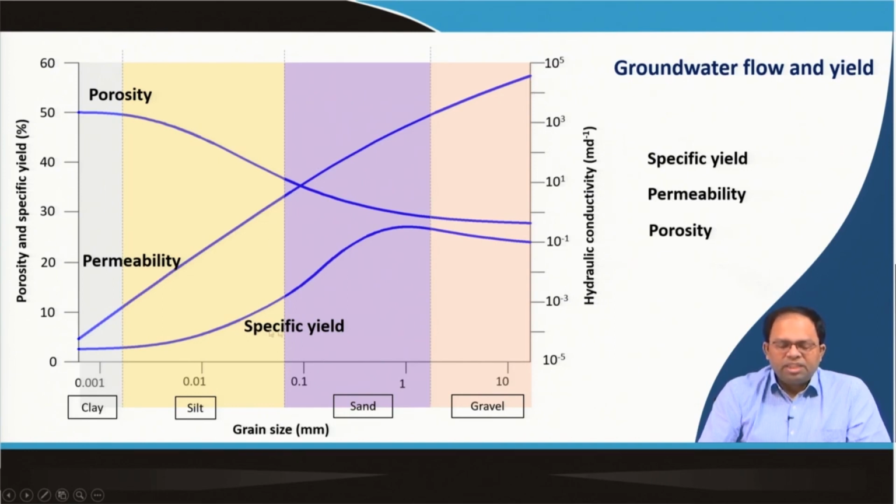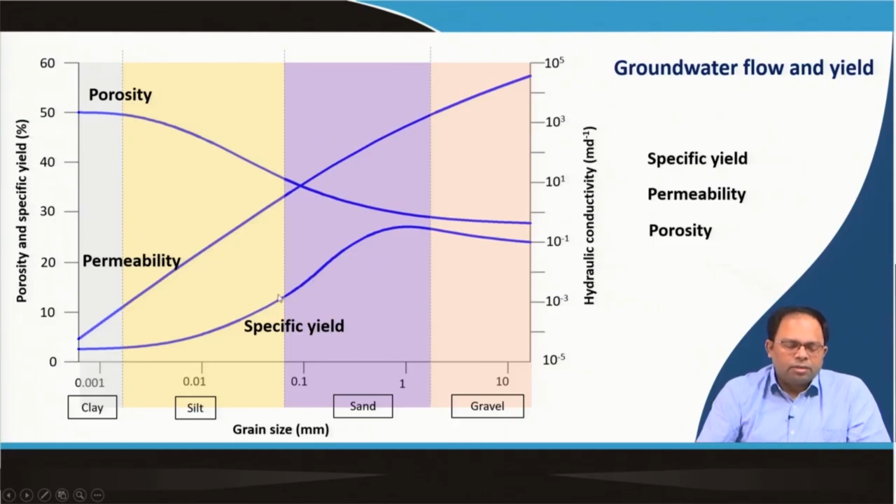Similarly, specific yield is how much water we can get out of this aquifer. In that case, you can see for clay it is very less. It gradually increases from sand, and marginally decreases for gravel. So, gravel and sand are more or less the same.